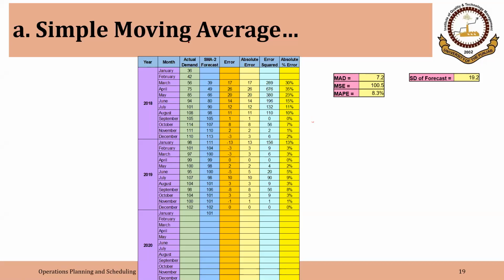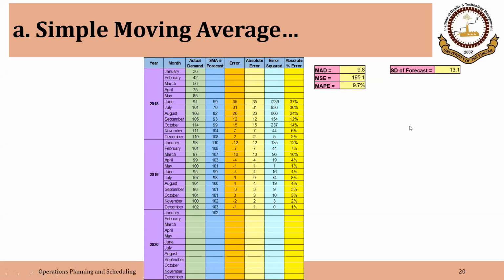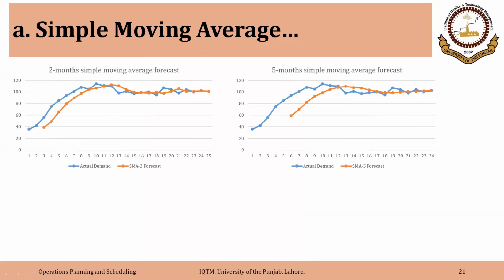Once we used the 2 months moving average, we got these results: MAD of 7.2, MSE of 100.5, and MAPE of 8.3%, and standard deviation of 19.2. And these are the results for the forecast using 5 months average. I have shown them here side by side to make a comparison.